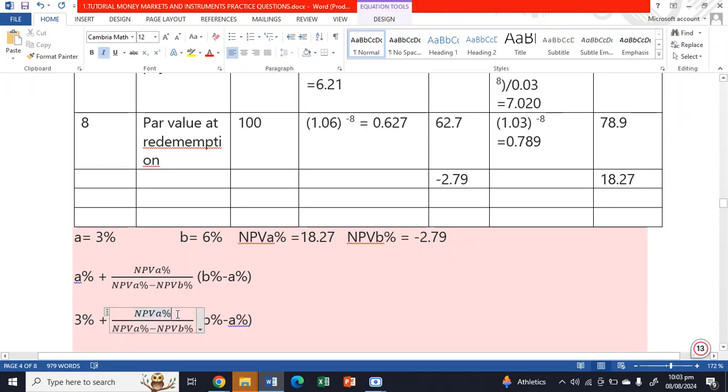So the net present value with the lower discount factor, 18.27, divided by 18.27 minus negative 2.79. Now, colleagues, I'll need you to get your calculators so that we see if we are all getting the same number. Because in the exam, you'll be alone and you have to punch this by yourself. So you need to make sure you're punching it correct.